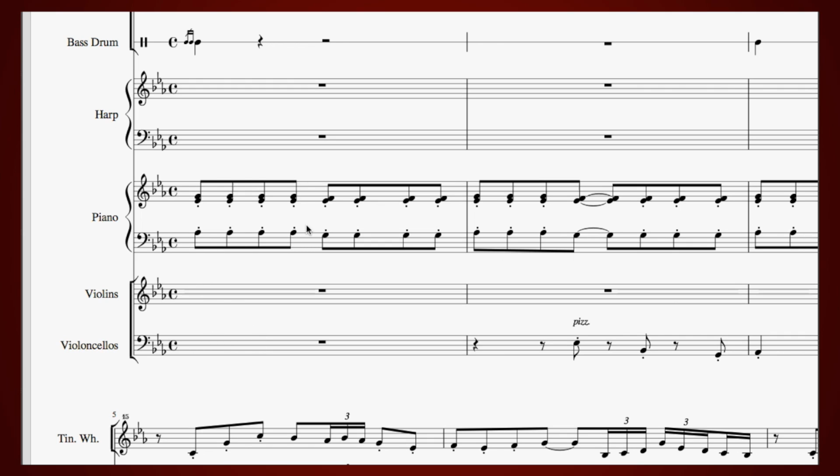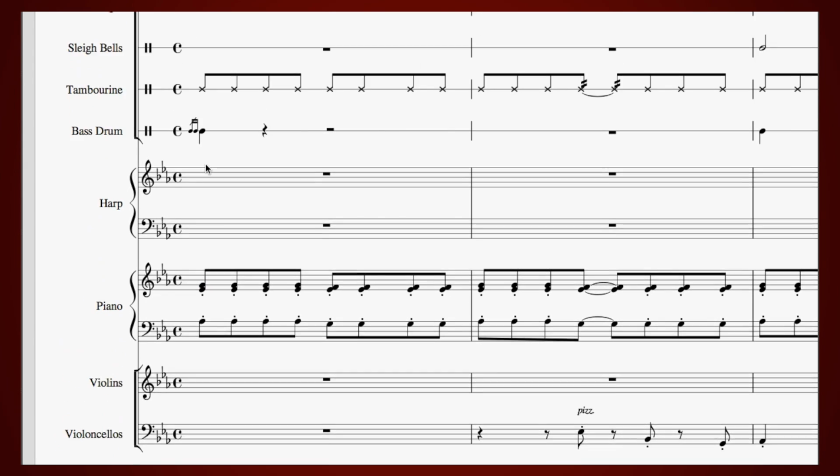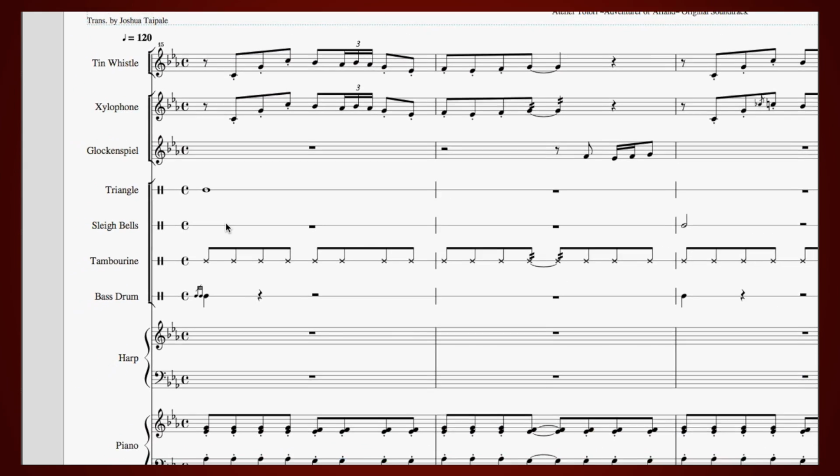We make up an A flat major chord here. So we have A flat over here, E flat, and G. That's an A flat major 7 shape. So what key are we in?